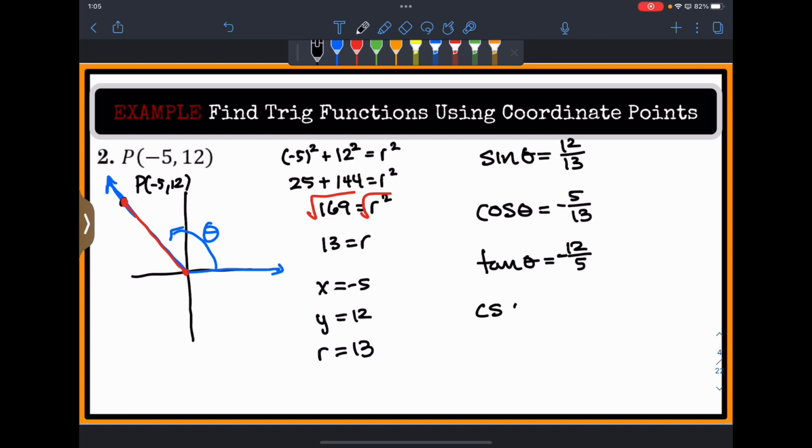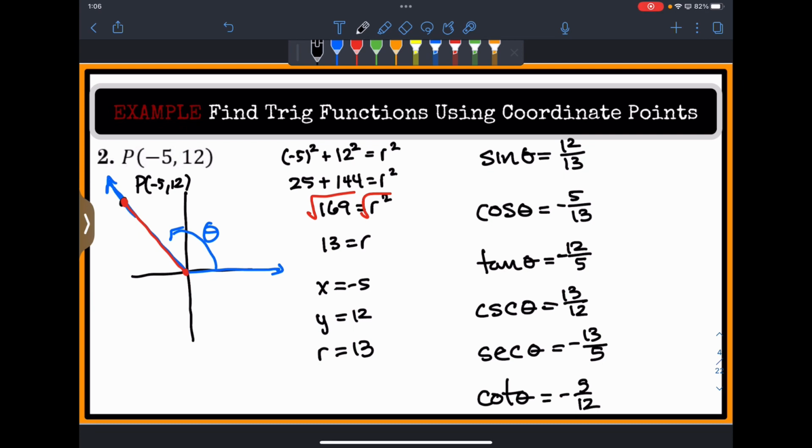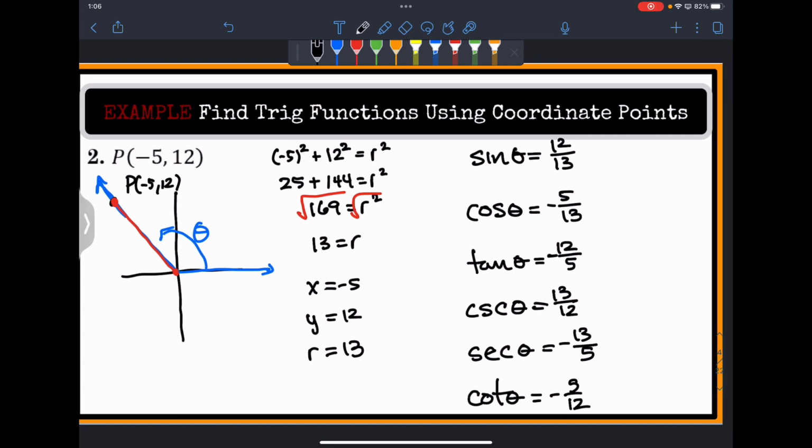And then the reciprocals. Cotangent is negative 5 over 12. And there you have them, the 6 trig functions.